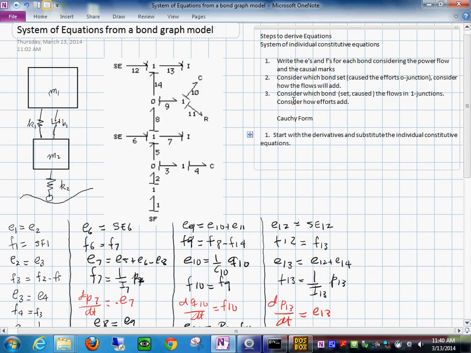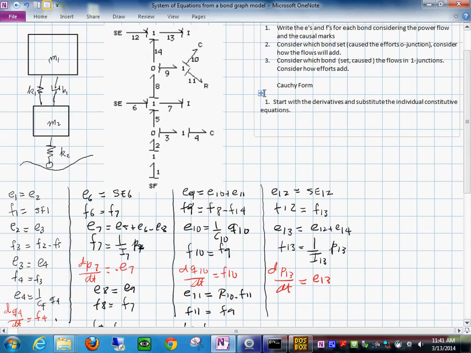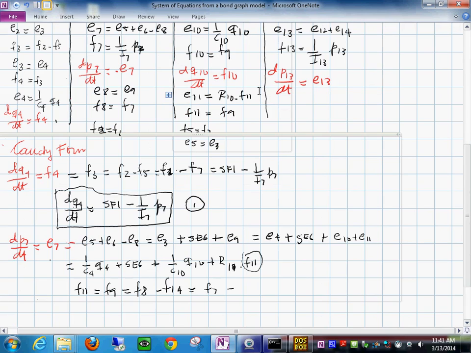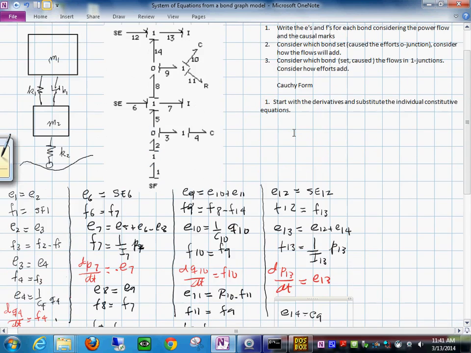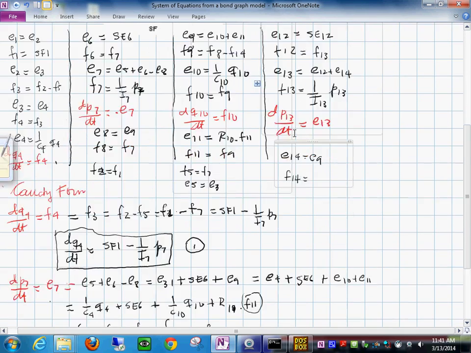Oh yes, we do. It's this internal one. E14 is E9, right? So we make sure that we're not missing this. And F14 is equal to what? To F13. Yes, F13.